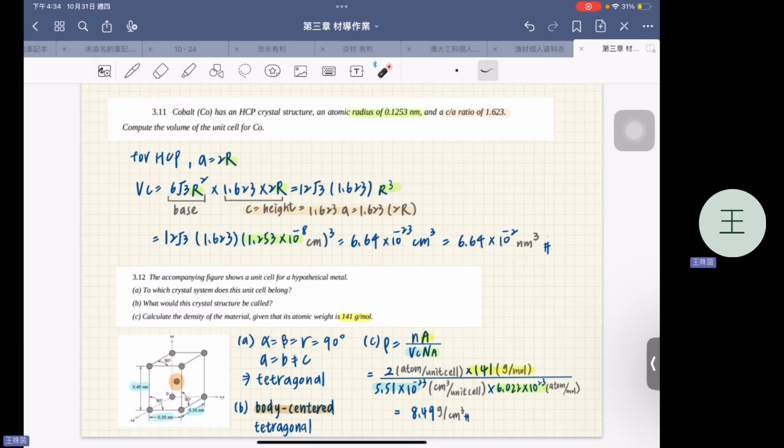We multiply these 3 things together to get this term, and finally there is the Avogadro number. Then we can get the density of this material, which is 8.49 grams per cubic centimeter.